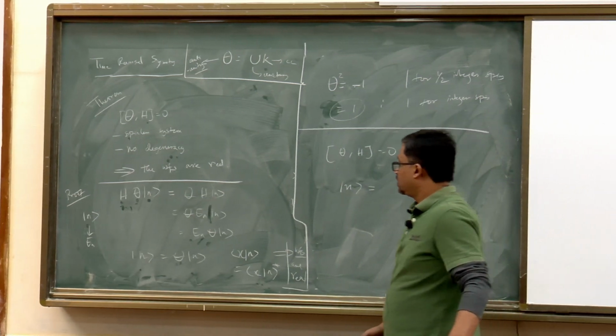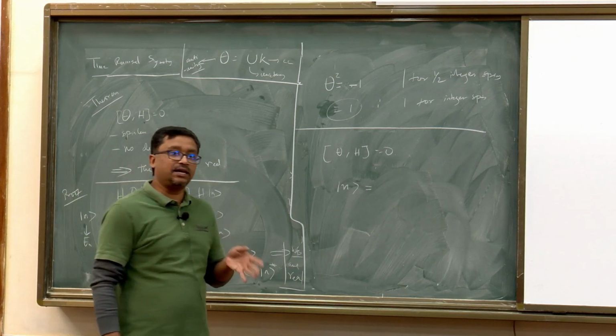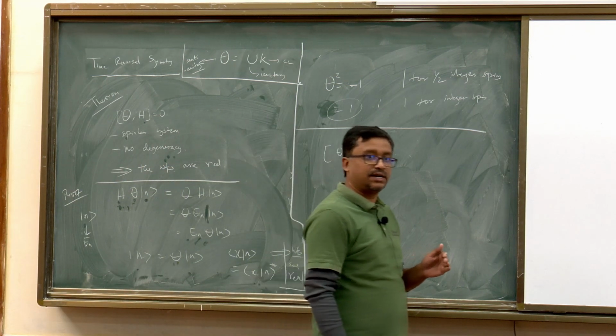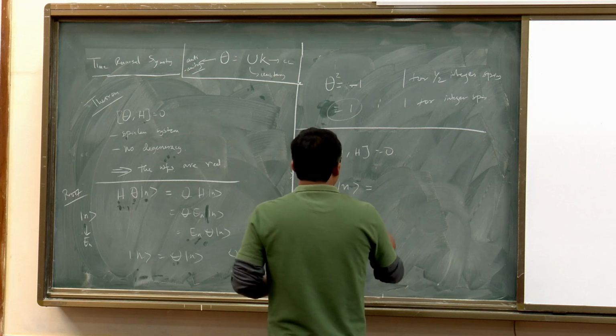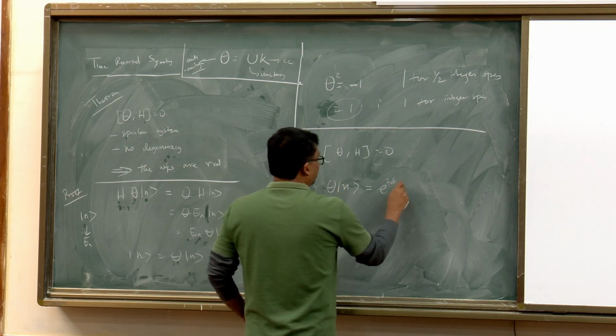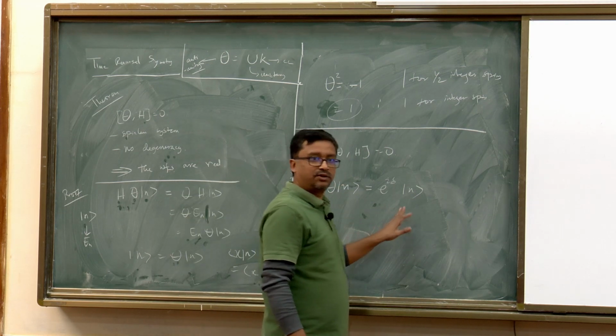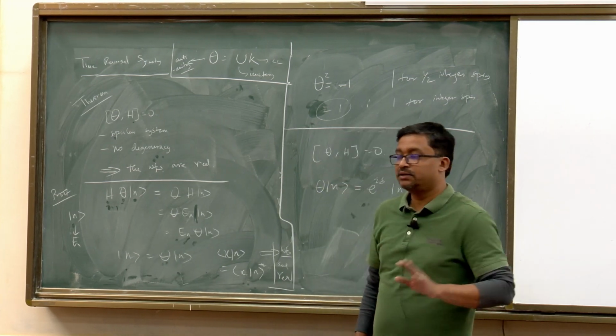And here again, as I said, there are two options: either they are the same or they are degenerate, right. Now, let us assume they are the same. For a spin particle, that means theta n equals some phase factor times your original ket.